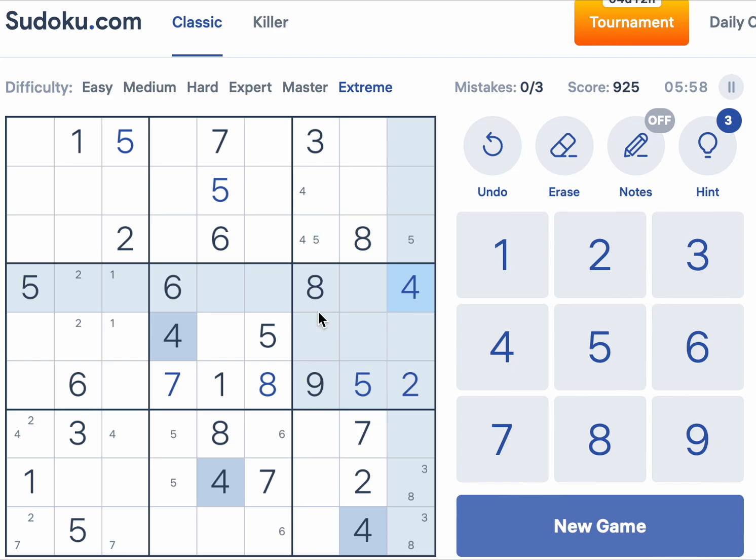With this being 4, in this block, one of these 2 cells must be 4. So with these 2 cells being 4 and one of these 2 cells being 4, there's no 4s in the remaining of these 2 columns. So in this block, the only available positions for 4 are these 2 cells.